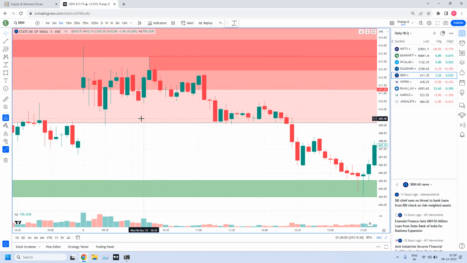And such kind of zones work most of the times because institutions are going beyond your actual understanding and then they are creating their pending orders. Why are institutions doing that? Because people are learning supply and demand zones. They are following the institution's footsteps and they know where institutions are placing orders.